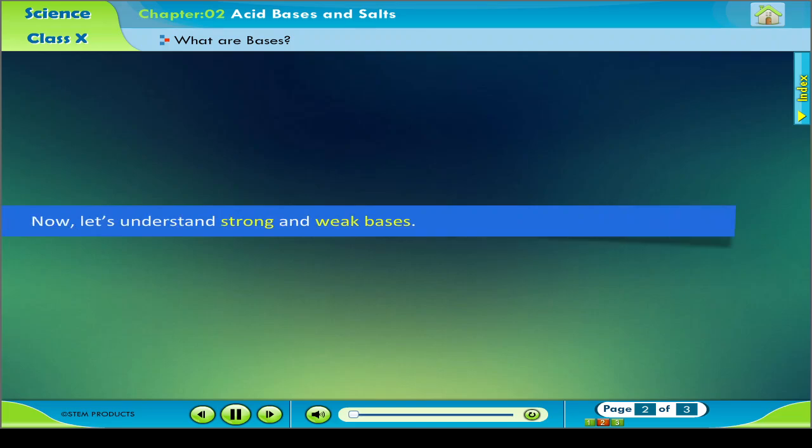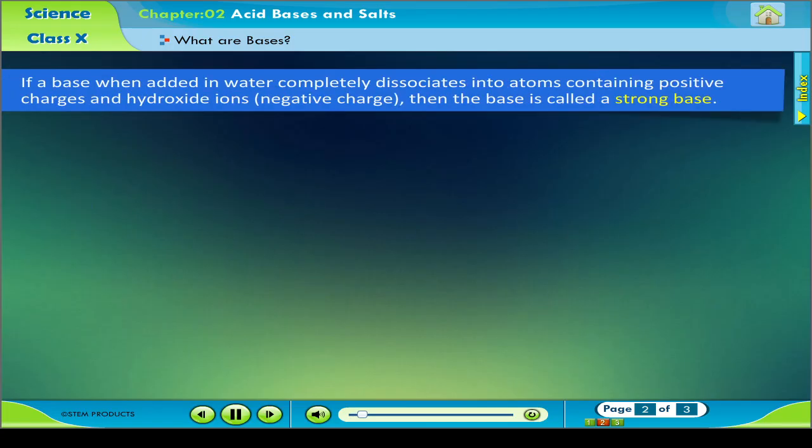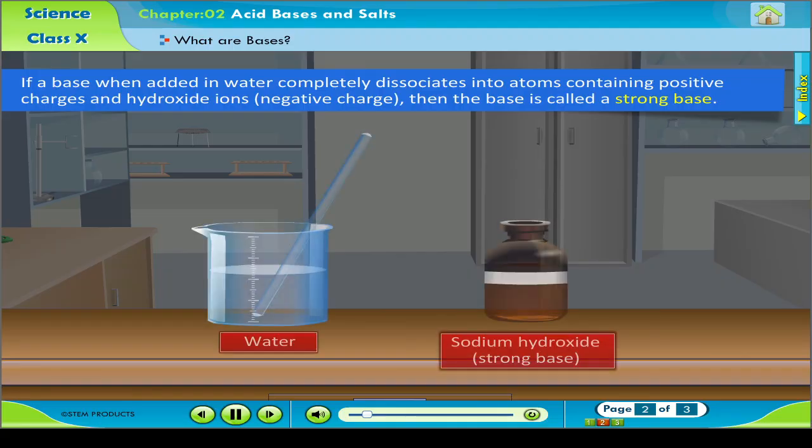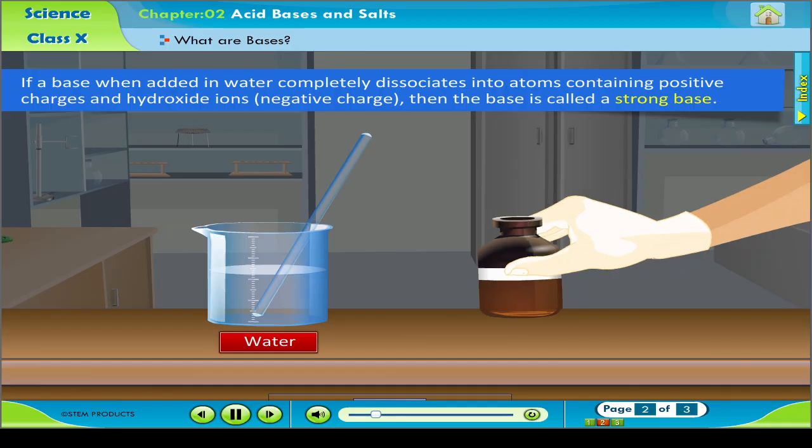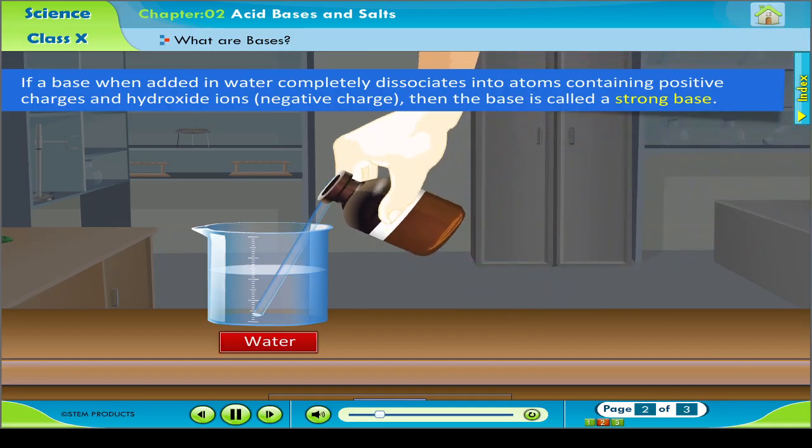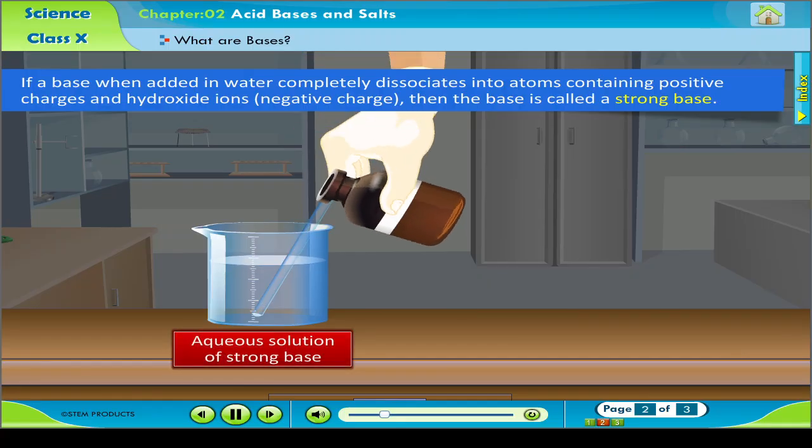Now let's understand strong and weak bases. If a base, when added in water, completely dissociates into atoms containing positive charges and hydroxide ions negative charge, then the base is called a strong base.